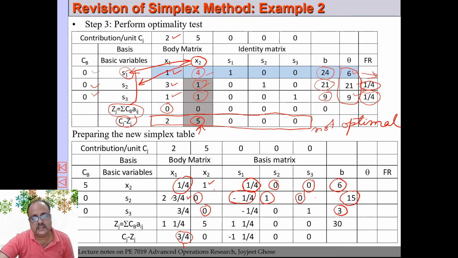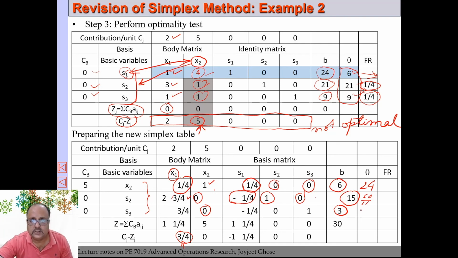But we know that this is the entering variable, so x1 will be the entering variable, and it will become a basic variable, and it will replace one of these three. Which one will it replace? We'll divide this b by the corresponding value of the pivot column. So this is 6 divided by 4, it will become 24 here, and 15 divided by 11 by 4 becomes, I think, 60 by 11, something like that.